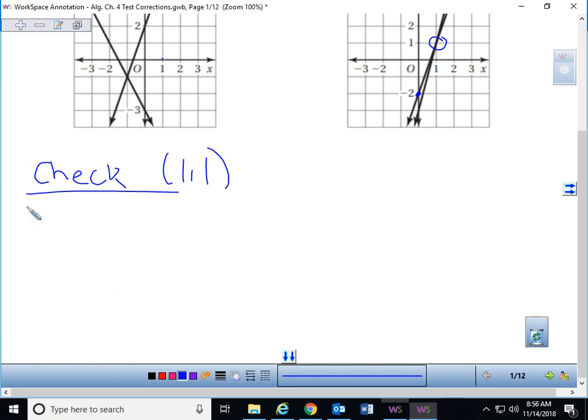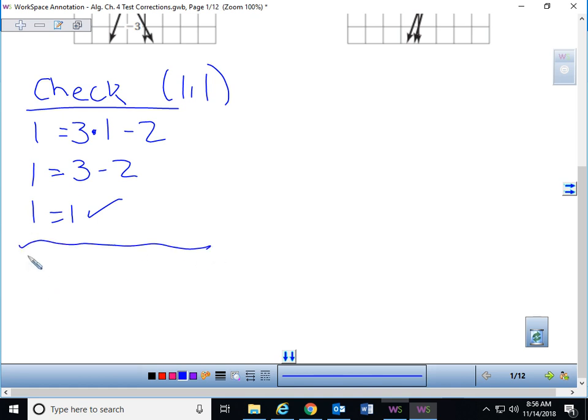So the first one is y equals 3x minus 2. All you're doing is replacing y with the y value and x with the x value. So I have 1 equals 3 times 1 minus 2. I get 1 equals 3 times 1 is 3 minus 2. 1 equals 1, so it works out there. And we do it with the second equation just to be absolutely positive.